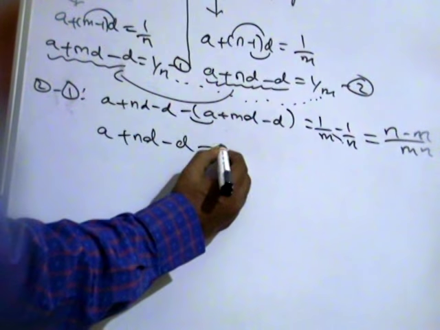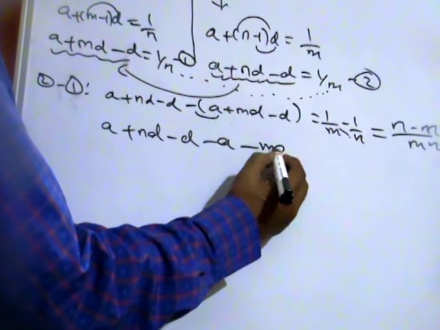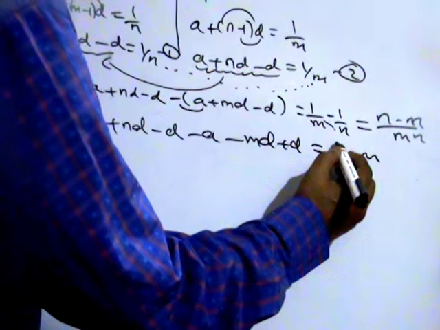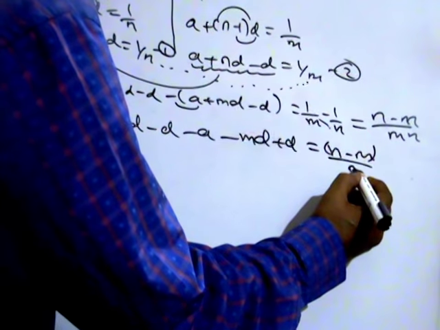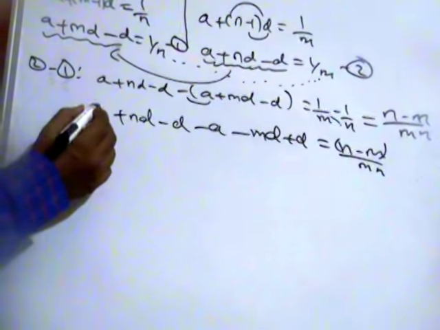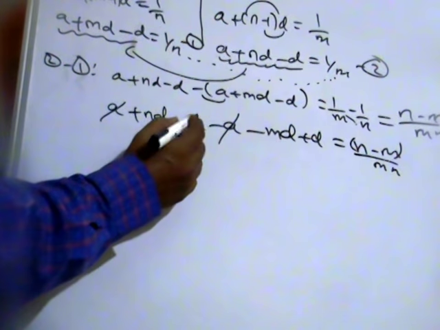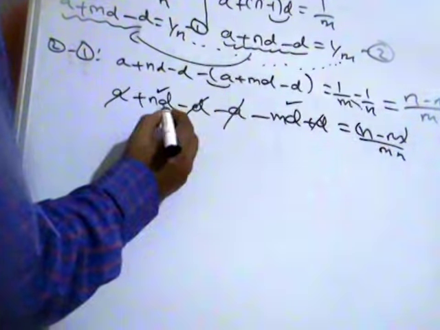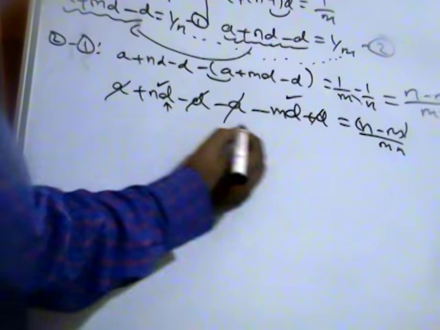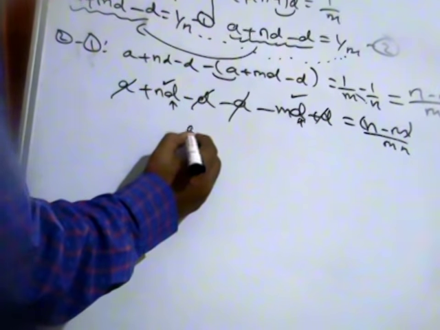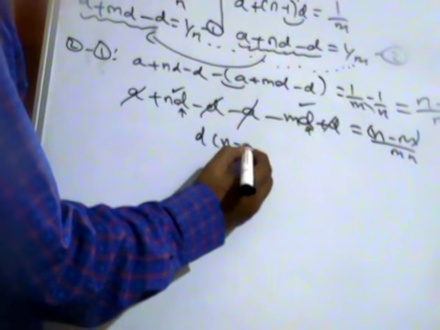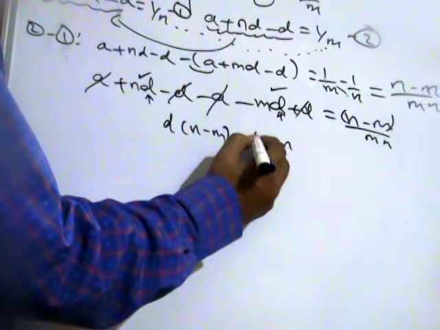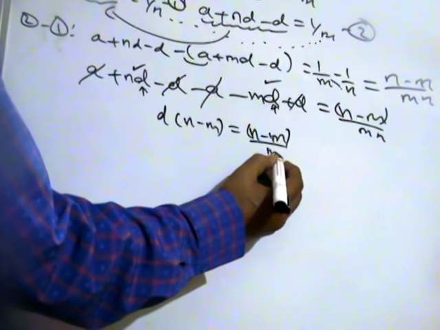When you expand you get minus a minus md plus d equal to n minus m by mn. Here a will get cancelled, d will get cancelled. So you get nd minus md. So in both this d is common. So when you take d outside, you get n minus m is equal to n minus m by mn.